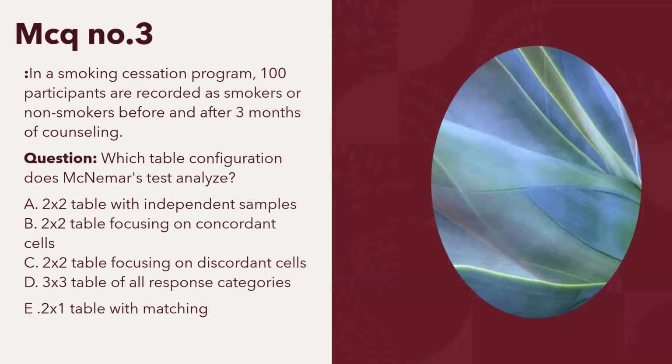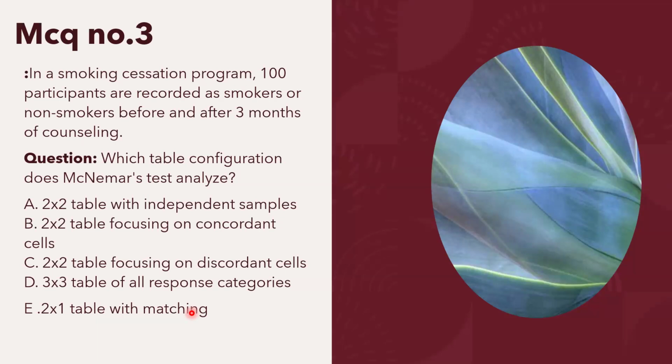For MCQ number 3, in a smoking cessation program, 100 participants are recorded as smokers or non-smokers before and after 3 months of counseling. Which table configuration does McNemar's test analyze? A, 2x2 table with independent samples; B, 2x2 table focusing on concordant cells; C, 2x2 table focusing on discordant cells; D, 3x3 table of all response categories; E, 2x1 table with the matching.